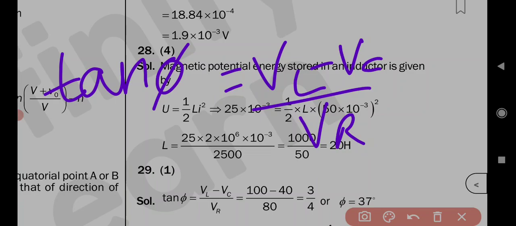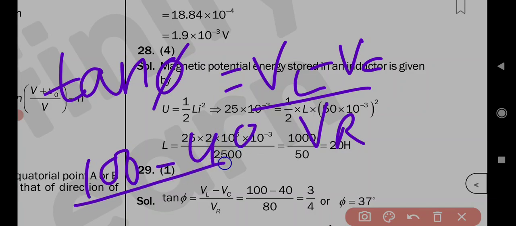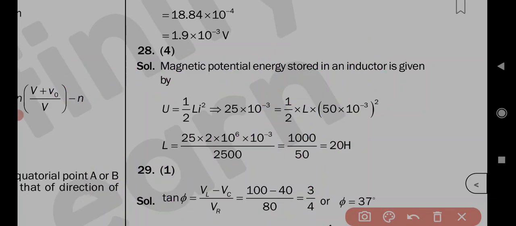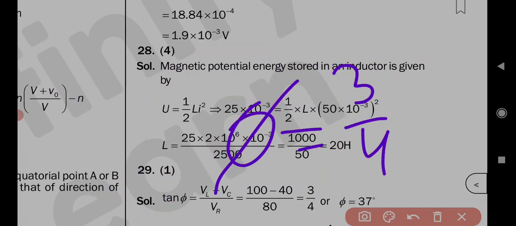So 100 minus 40 by 80, 60 by 80. That is 3 by 4. Tan phi is equal to 3 by 4.